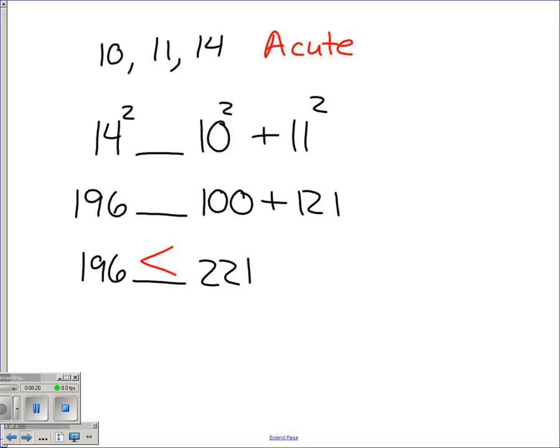This has side lengths of 5, 6, and root 61. Now, we're assuming that root 61 is the biggest. How do we confirm that? Well, what are some perfect squares that we know? 1 squared is 1, 2 squared is 4, 3 squared is 9, 4 squared is 16, 5 squared is 25, 6 squared is 36.